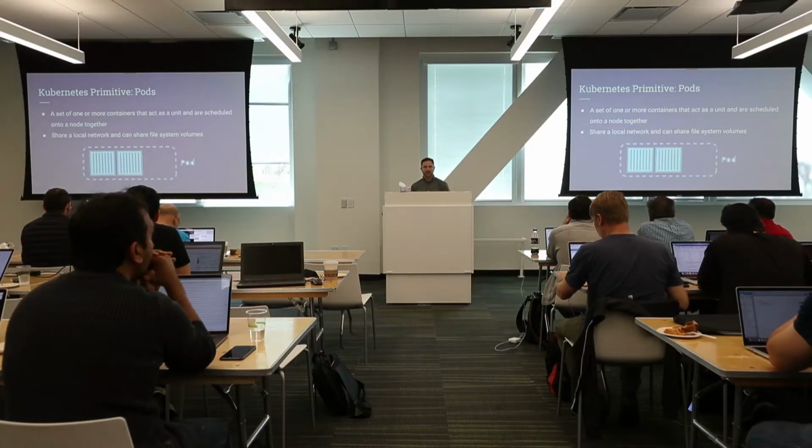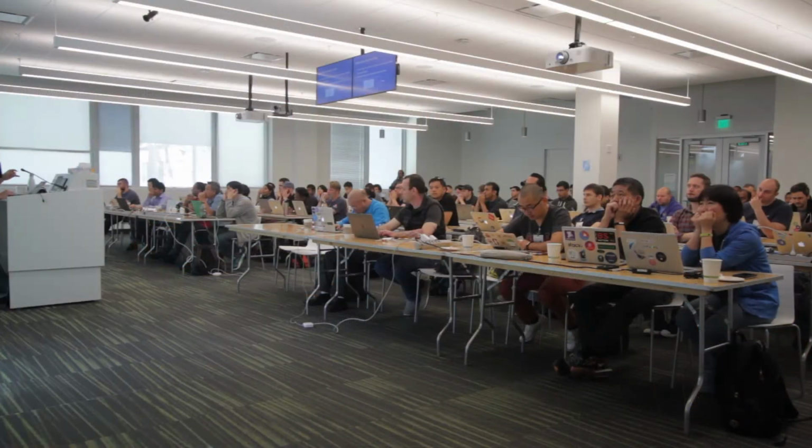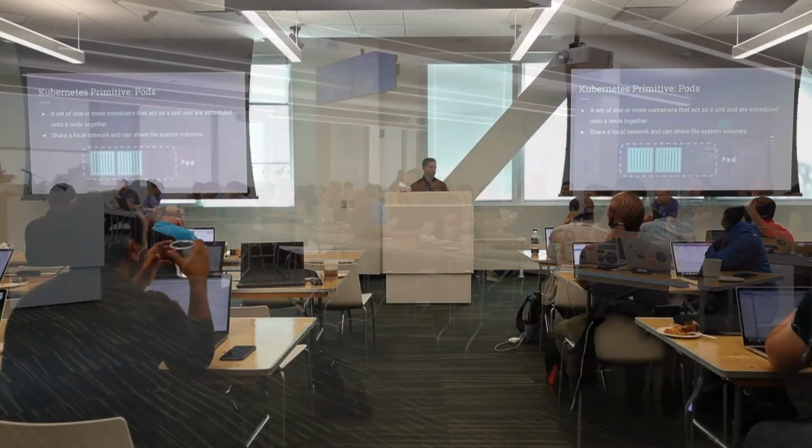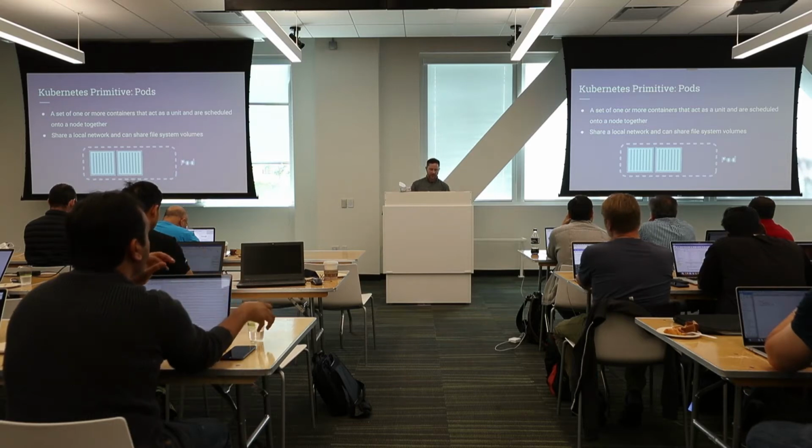It's a set of one or more containers running in a shared network space. So any containers running in a single pod are available to each other on localhost, but they're isolated from other instances of the pod from a network standpoint, other instances of the service, of the application. They can share files across, and they share a network, but it's sort of as small as it gets.